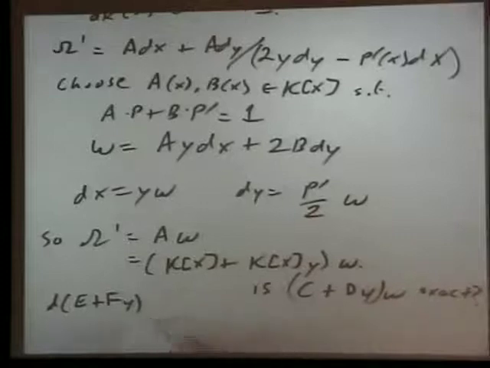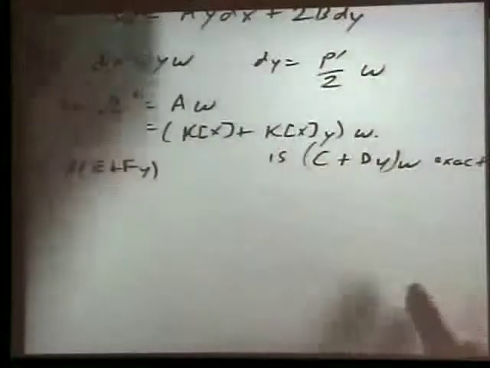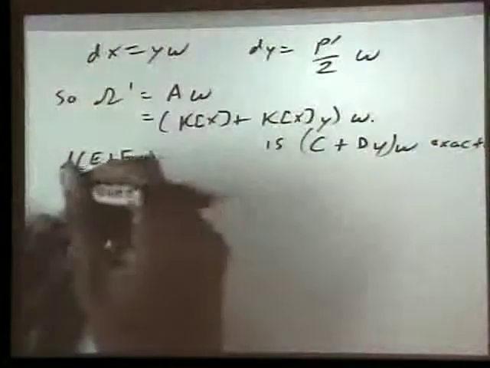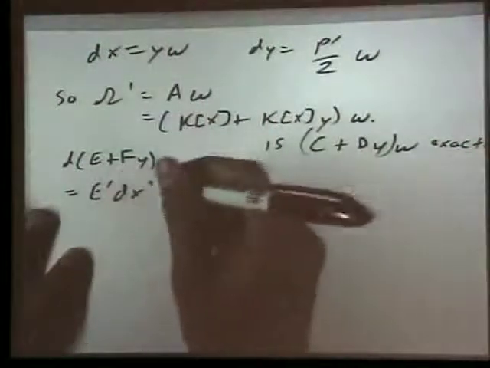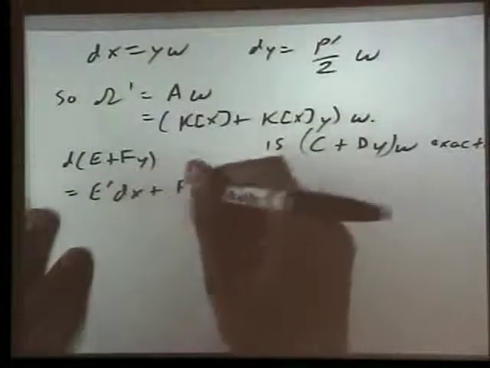Well, let's scroll some more. At this point, you don't need to know so much about what omega is, so just little omega. So you just differentiate this thing, and again, if I did all my algebra correctly, but this has been checked once before, so hopefully it's right.